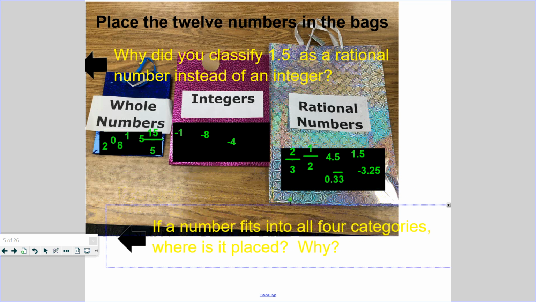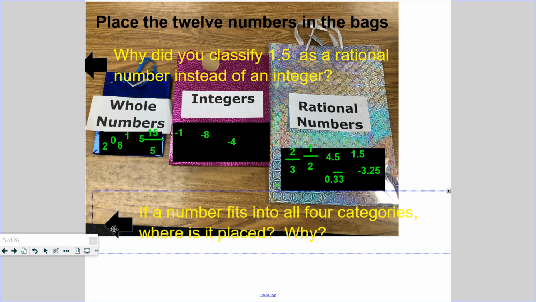Let's use the example of this one right here. This could be a rational number because it is written in fraction form, and it could be a whole number because it's 3. And could it be an integer? Yes, because it's a whole number with an opposite. So it will be located in whole numbers. Whole numbers can be integers, and whole numbers can be written as fractions.